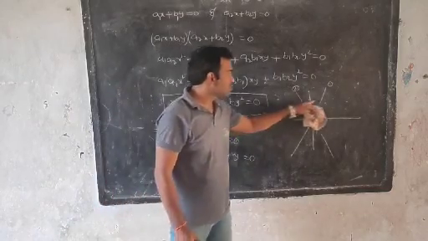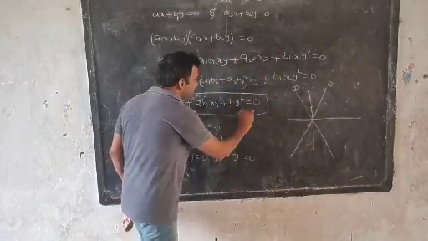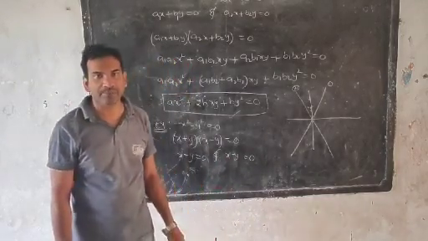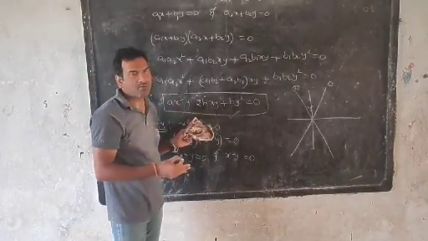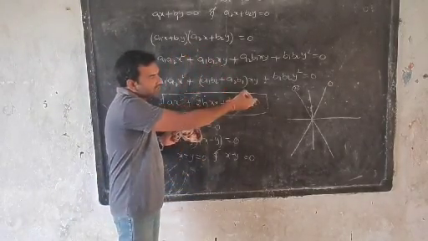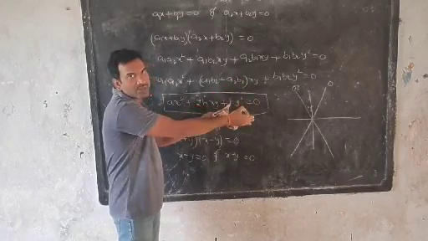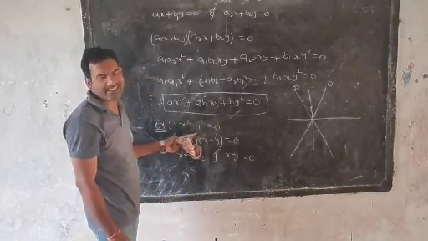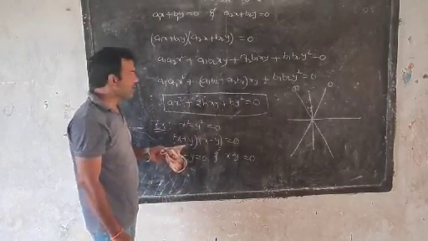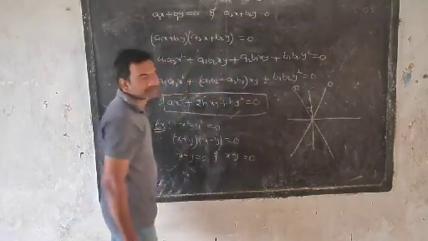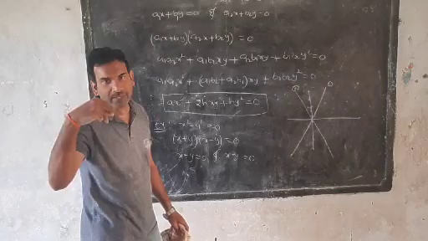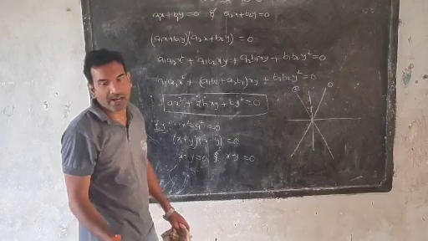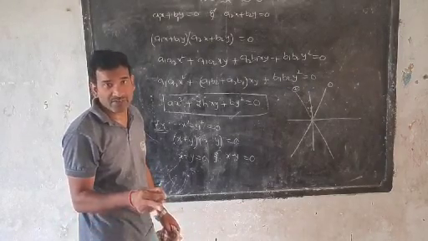The product of these two straight line equations is compulsorily in this form: ax square plus 2hxy plus by square. After completing all this concept, we will discuss the straight lines which are not passing through the origin. First we have to discuss the case passing through the origin. This is a simple example for this one. So first we have to conclude this thing. Please mind that ax square plus 2hxy plus by square equal to 0 represents a homogeneous equation.